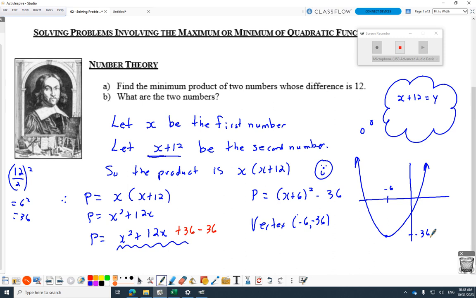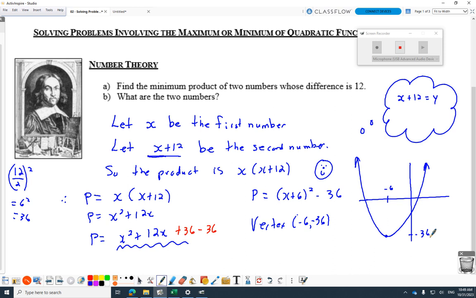Okay, well, I was lying before when I said I don't know why people have trouble with this question. People have a lot of trouble with the answer to this question. First of all, we've decided that x should be -6 to get a minimum. What is x? Does anyone recall what x represents in this question?